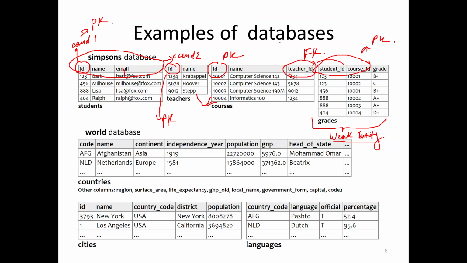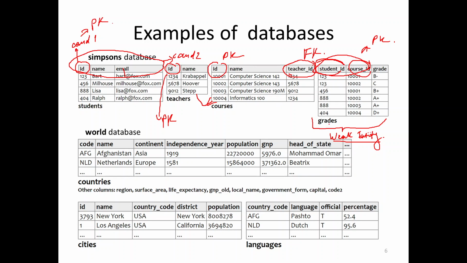And this weak entity must contain foreign keys from these two tables, so the primary keys from these two tables as foreign keys. So this is a foreign key and this is a foreign key. This one belongs to students, and course ID belongs to courses. So this weak entity must contain two foreign keys from the tables that it joins.